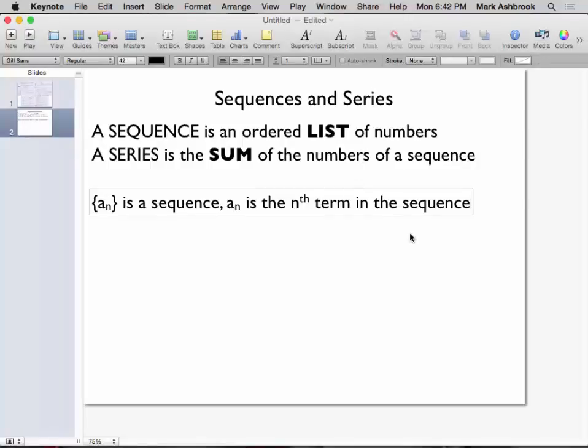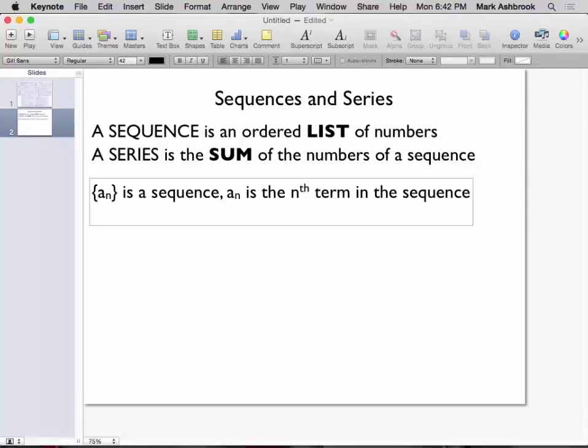Okay, so another way to put that is a1, a2, a3, and so on. So that means the same thing, right? So a1 is the first number in the list, a2 the second number in the list or the sequence.